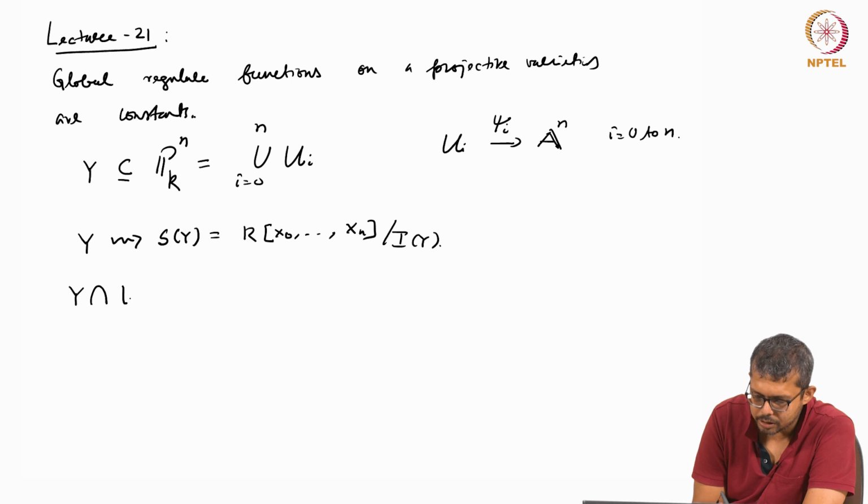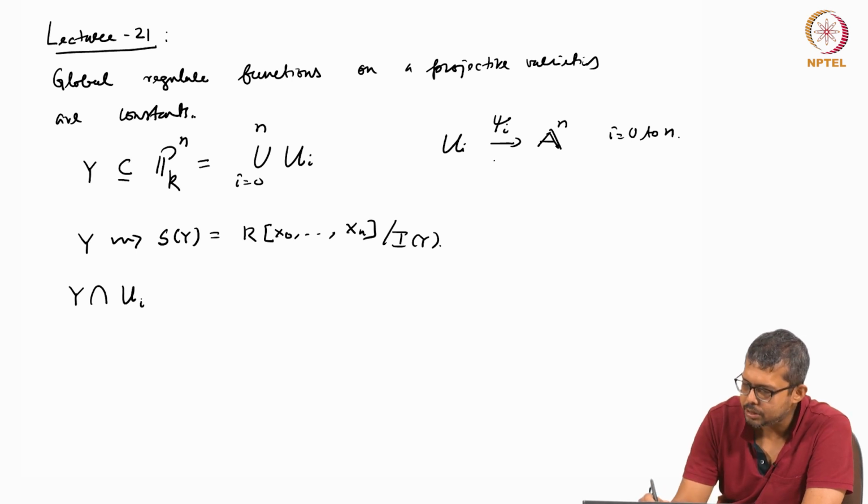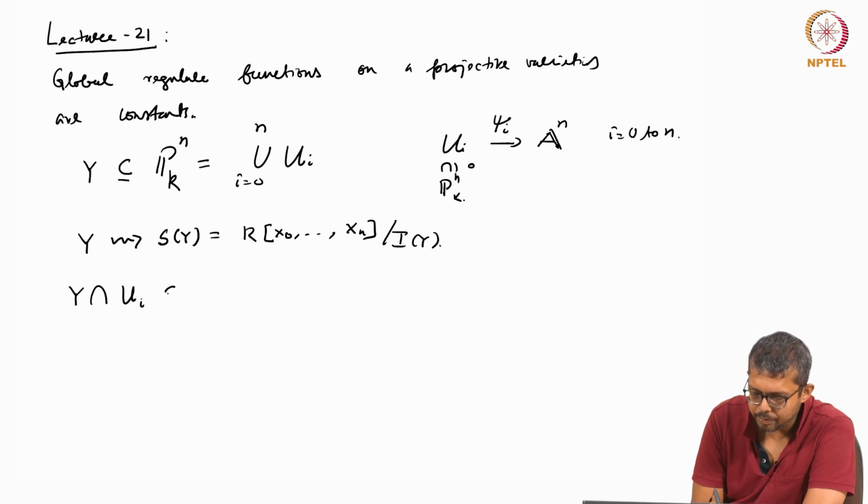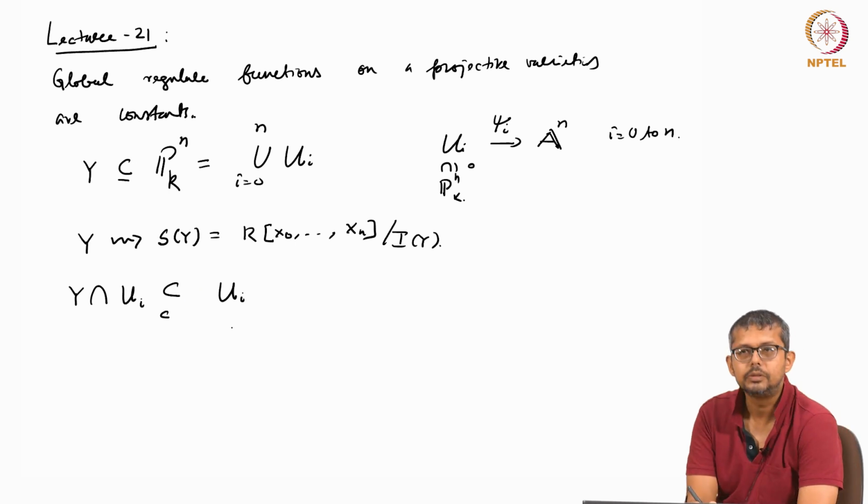Now Y is a closed subset of Pn. You take the intersection with Ui, which is an open subset. Each Ui is open in Pn, right? So Y intersection Ui is a closed subset in Ui.